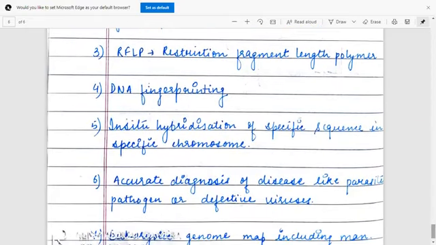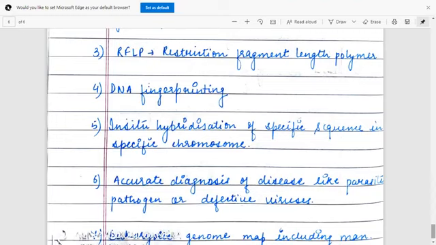Likewise, restriction fragment length polymorphism can also be used for DNA fingerprinting, like for paternity tests or crime investigation, from a suspected place, if we suspect one person, we can detect it.